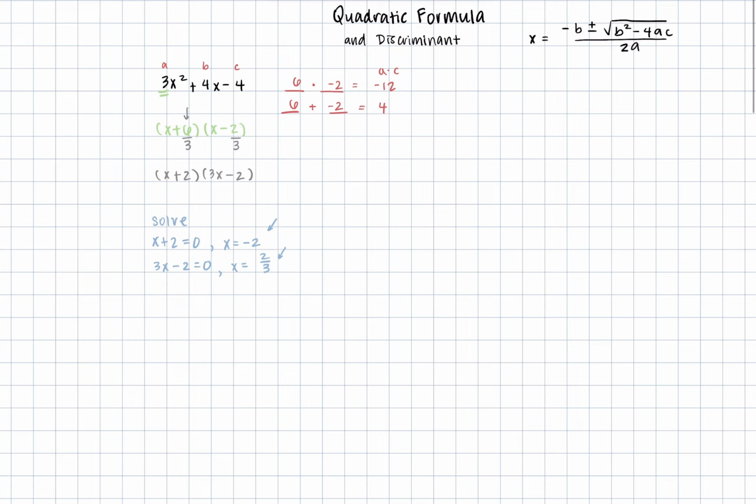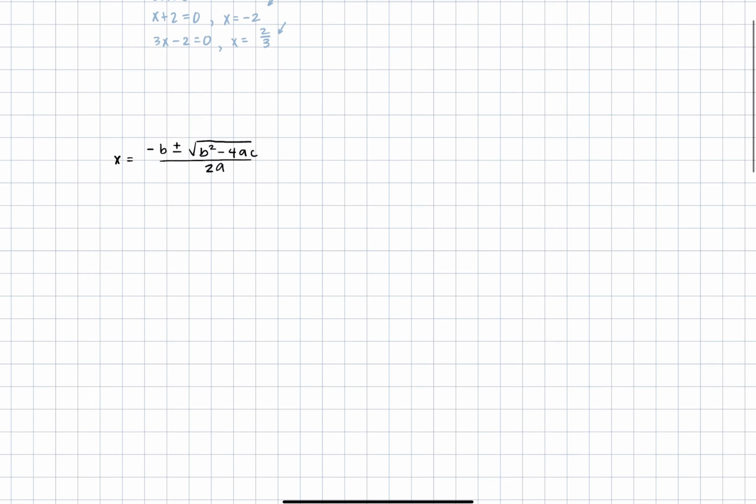I'm going to bring this formula down right here. Let's say we had the problem 5x squared minus 6x minus 10, and let's make this equal to negative 2. When we have something like this and we're told to solve for x, we start off by making sure everything's on one side.